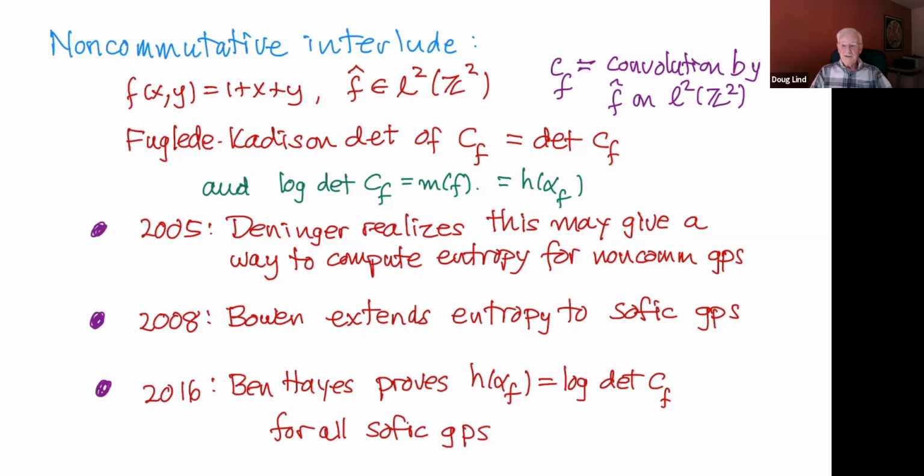Well, in 2005, Christopher Deninger at Münster realized that this could be a way to compute entropy for algebraic actions, but with non-commutative groups where you don't have Mahler measure, because this convolution operator is always defined. And entropy is certainly defined, at least insofar as amenable groups.